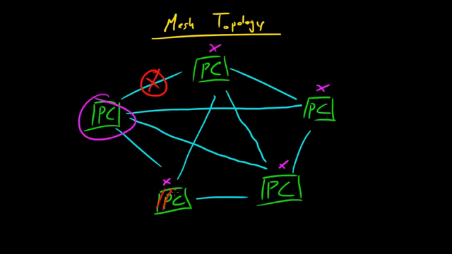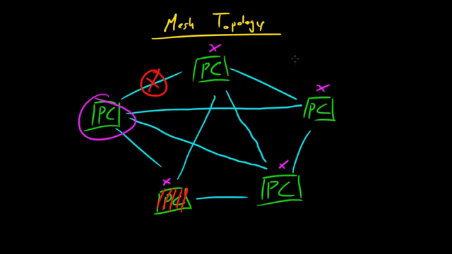Well, if this PC went out, then your data could still go from here to here, or from here to here, and so on and so forth. So even though when you add PCs it would get more complicated as an entire network, it would also provide more communication paths. Now, those are some good things, but let's go ahead and talk about some bad things.